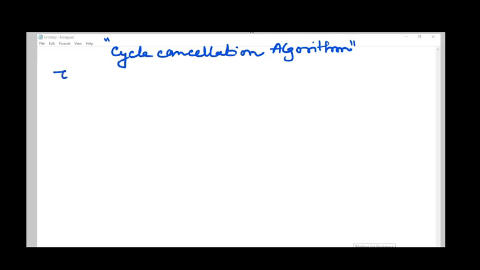What is a negative cycle? You have to understand. First of all, what is a cycle and how it is creating problems in the graph.